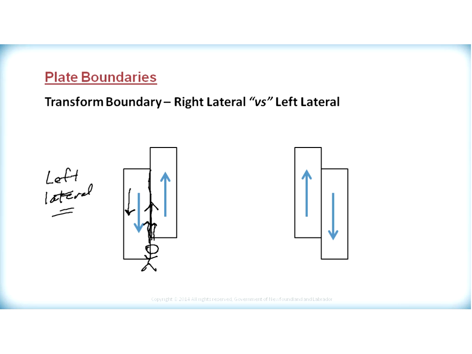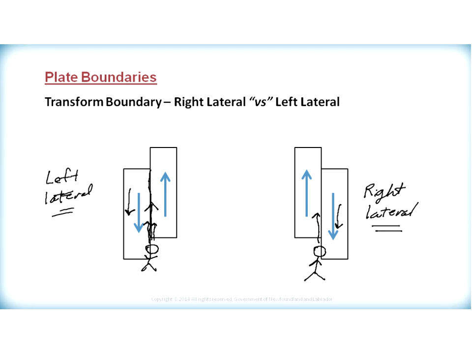Again, if we move over to the diagram to the right, and again we look along the fault line, in this case we notice that the right side of the fault line moves towards you. So this one is referred to as a right lateral transform fault.